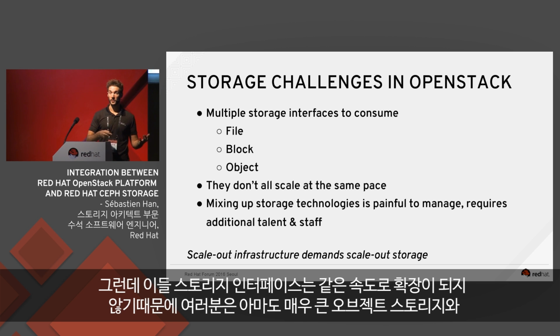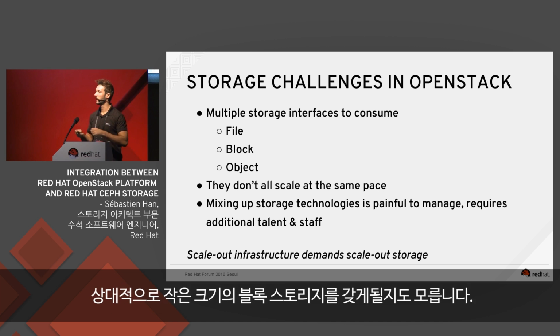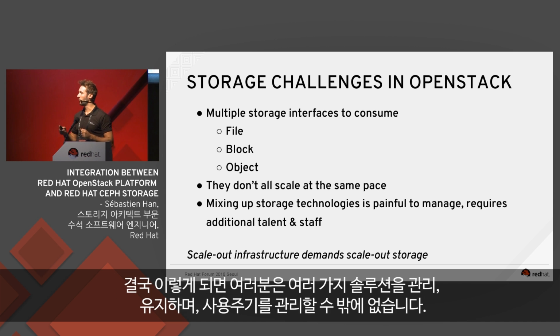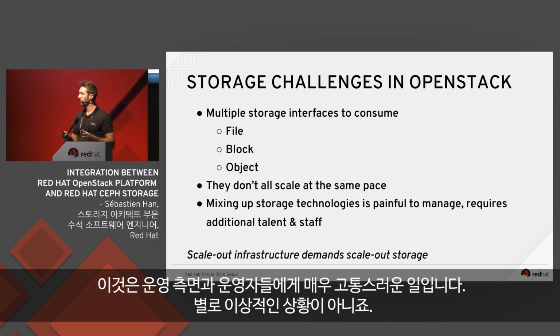And since storage interfaces don't scale at the same pace, you might end up having an object storage that is pretty big and a block storage that is pretty decent, and so forth. So in the end, you have several solutions to manage, to maintain, to manage the life cycle of, and it can be really painful for operational tasks and operators as well. So this is not really ideal.